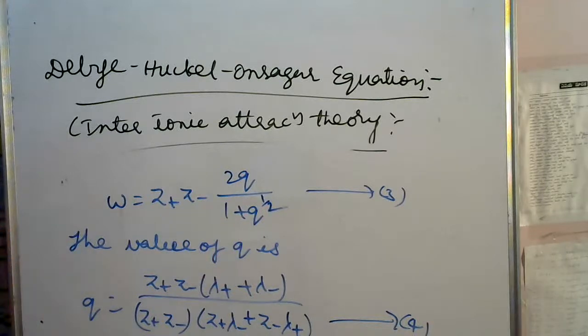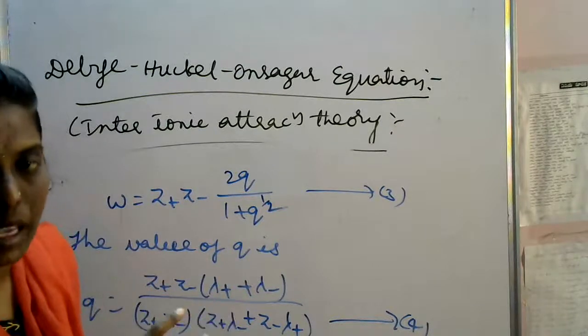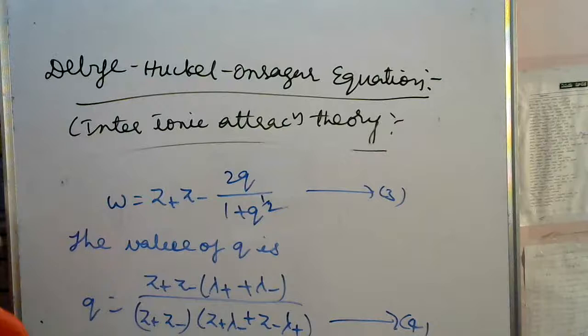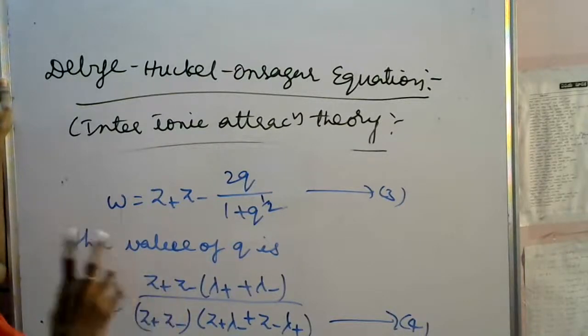Next, there is a disturbance here. If you pass the EMF, what will happen? That environment gets disrupted, and cations move to the anode and anions move to the cathode.